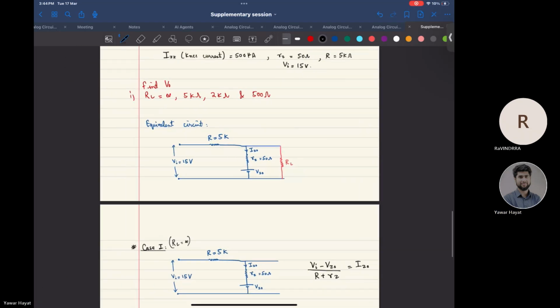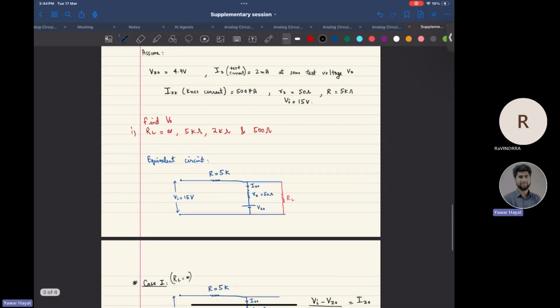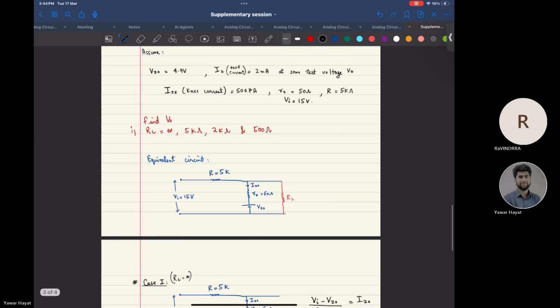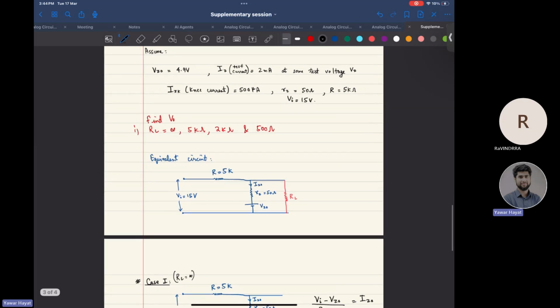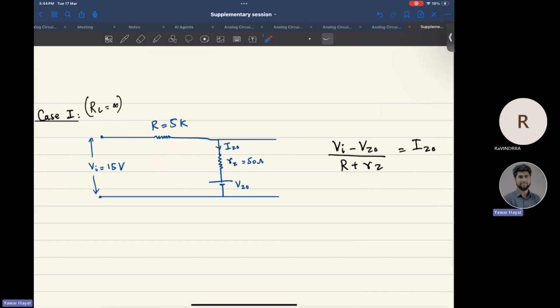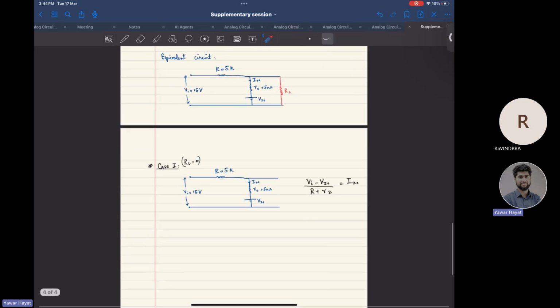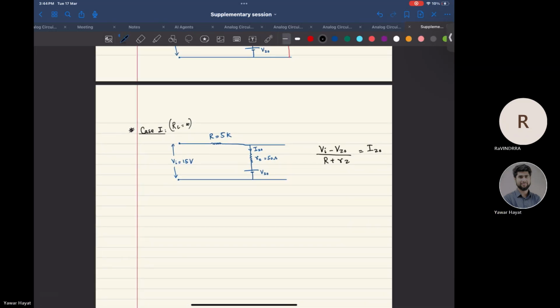This is for the test voltage. In my case, this IZ naught would be the IZ, so I can replace it by 2 milliamps.